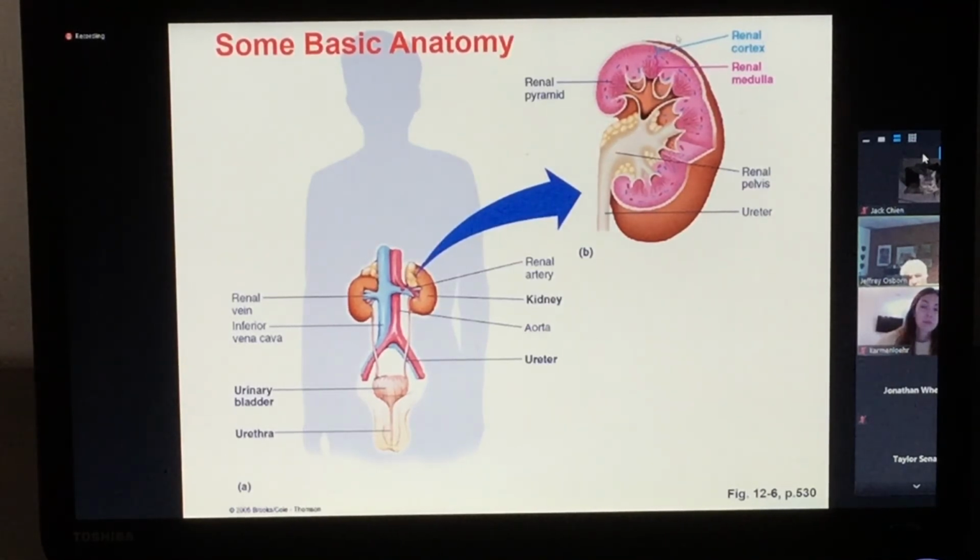One is the cortex, or the outside of the kidney, and the other is the medulla, or the inside of the kidney. And we're going to talk about the functions of the cortex and the medulla at length and how they are important for regulating body fluid volumes and regulating excretion of sodium, potassium, chloride, bicarbonate, etc. All right? That's why you've got to know the concentrations of chloride and bicarbonate.